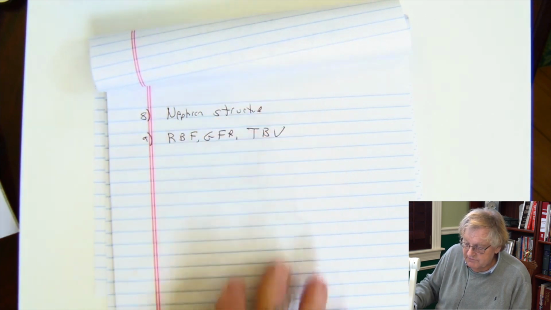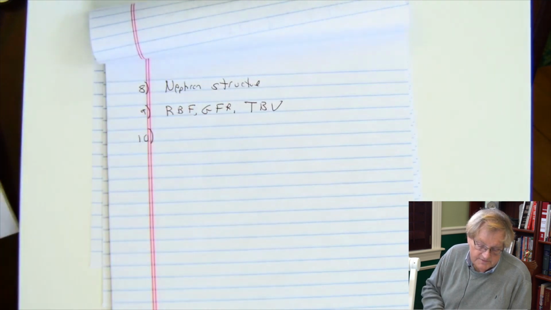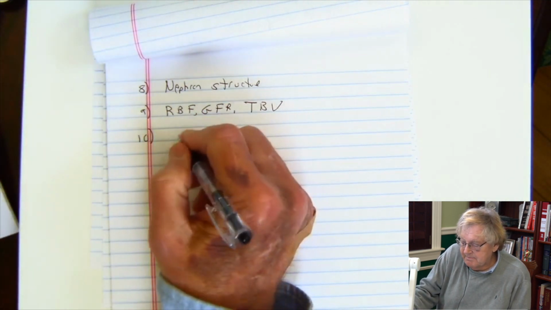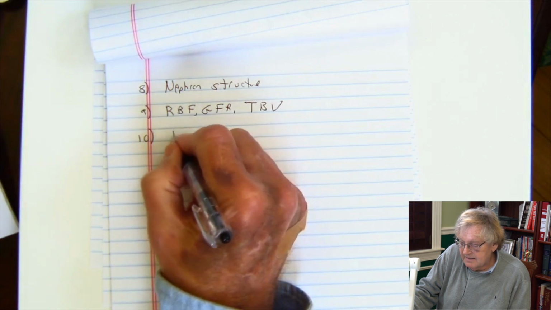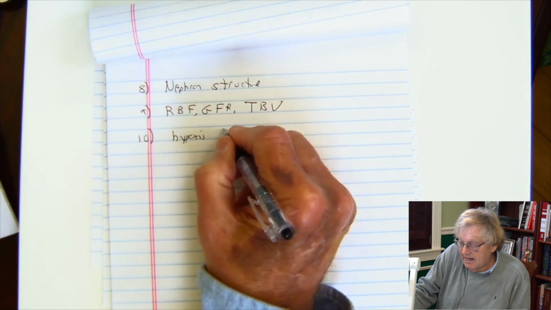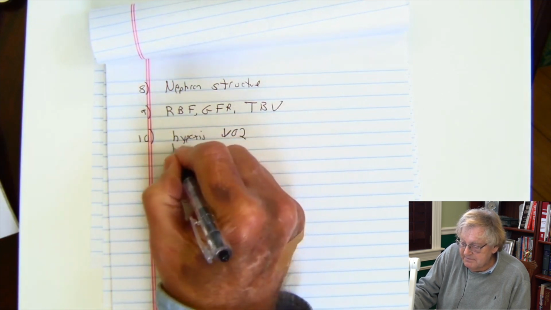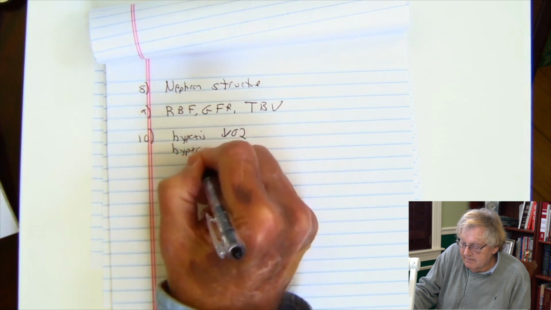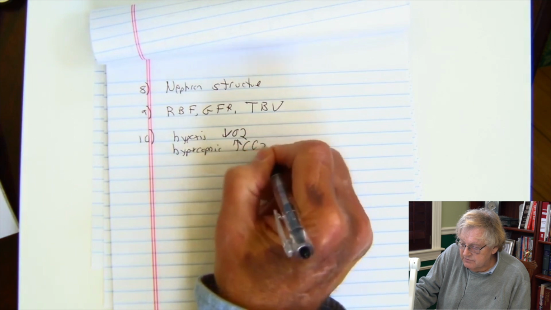Again, we just reviewed that in this lecture. 10, understand hypoxic and hypercapnic drive. Again, the difference is, remember, hypoxic drive is when we rely on decreased O2. Hypercapnic drive is relying on increased CO2.